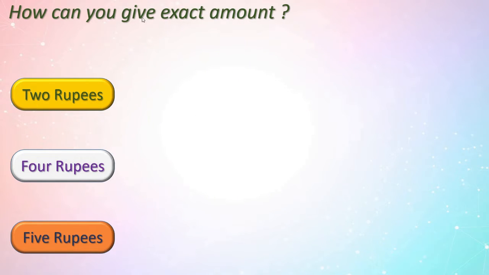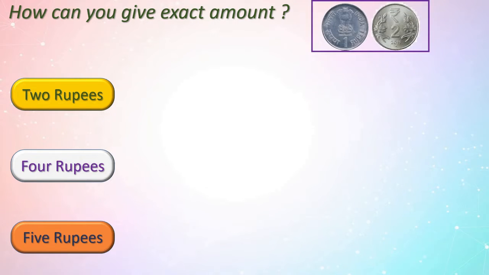Now, how can you give the exact amount? Assume that you have only 1 rupee coins and 2 rupee coins. Then how will you give 2 rupees to your friend? He is in need of 2 rupees.